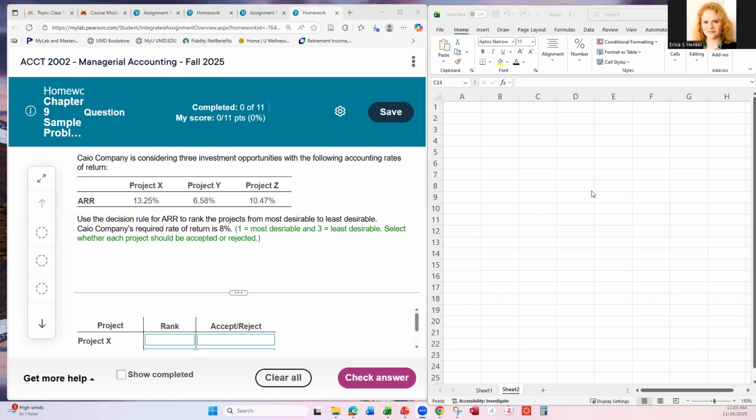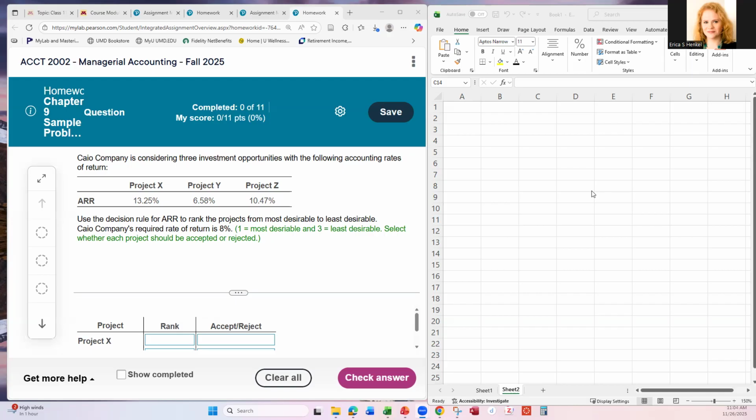And then we also talked about how if you have more than one project that is acceptable, you would want to rank those in order to figure out from best to worst which ones you should select. So here we've got 3 different projects, and they've provided us with the accounting rates of return for these 3 projects.